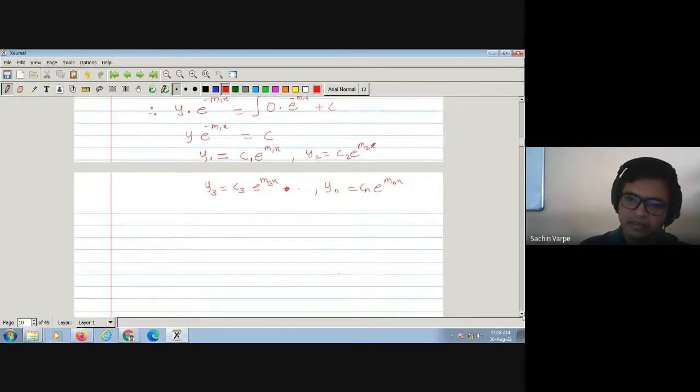And you must be knowing that if y1, y2, yn are the solutions, then their linear combination is also a solution. Do you know this? If we have two sub-solutions, then the linear combination of those two sub-solutions is again a solution. So here, since y1, y2, and so on, yn are solutions, their linear combination is also a solution.